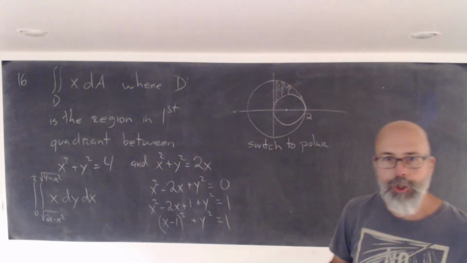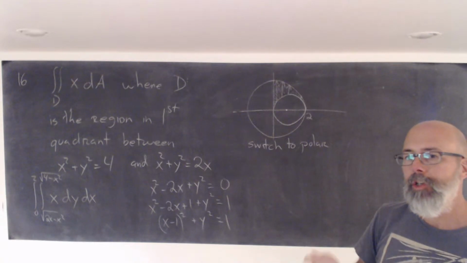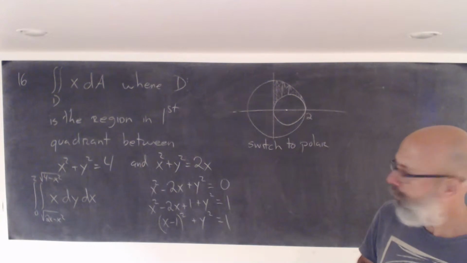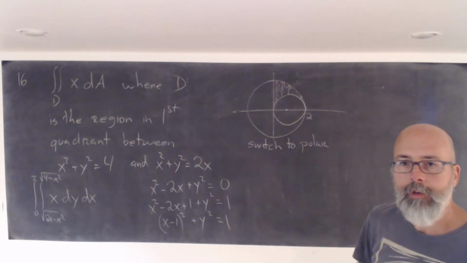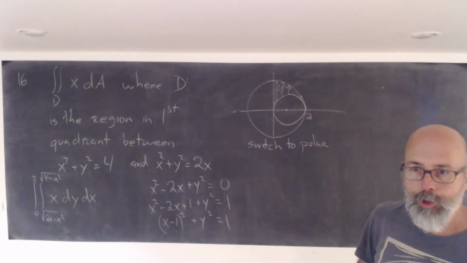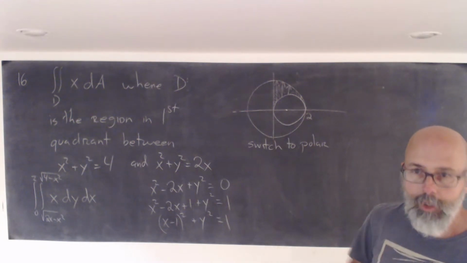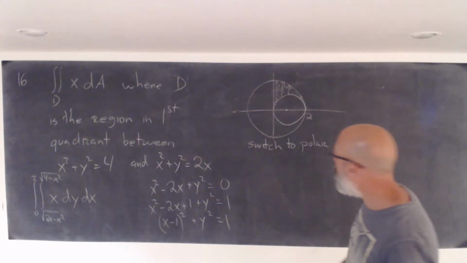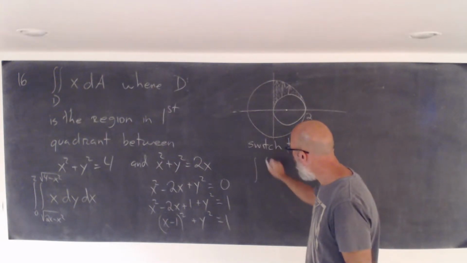It's a valid question. Again, polar coordinates are only there to help you. If you don't want to use them, don't. You can integrate by making a trig sub at some point, and it's fine. Switching to polar, probably going to be easier here. Let's see.